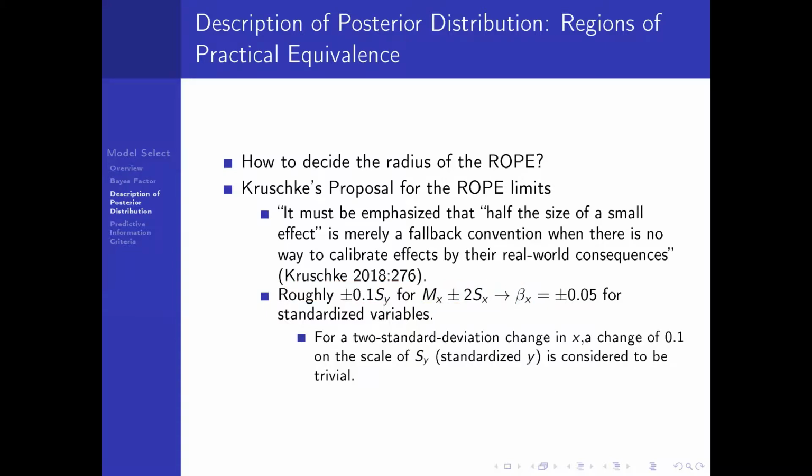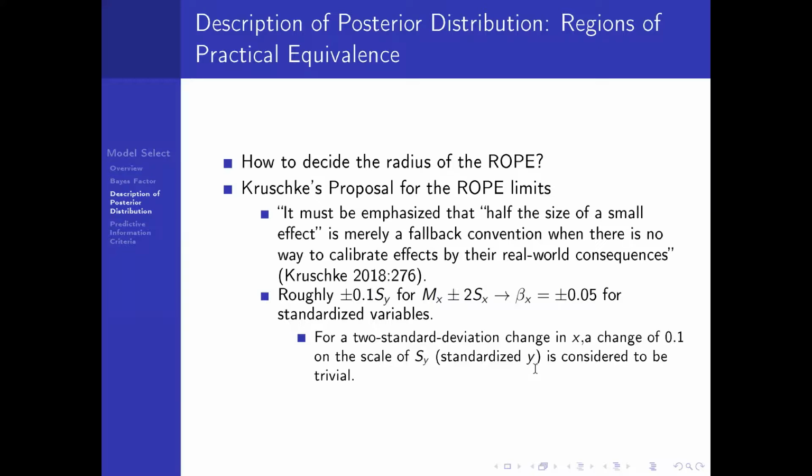What does that imply? That implies for a 2 standard deviation change in X, a change of 0.1 on a scale of standard deviation Y. So all these scales are standardized. It is considered to be trivial. It's considered to be trivial, a small effect equivalent to 0. Yeah?